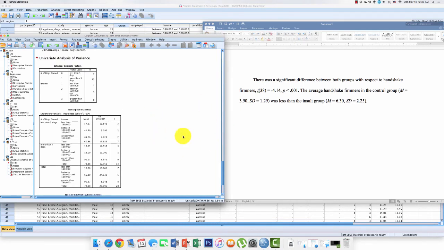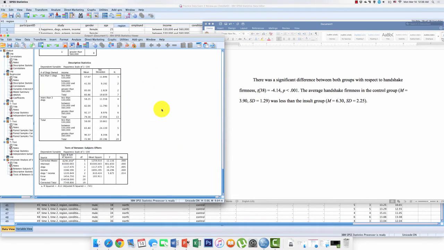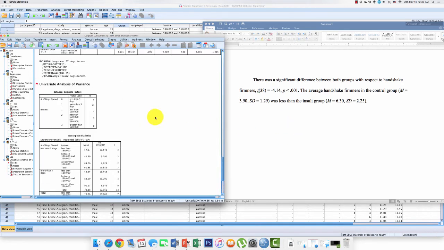So here's my means and standard deviations, and then my ANOVA output. And just know that one of my IVs had 3 levels, so my output is going to be a lot longer, and I'm not going to be writing up the whole thing.